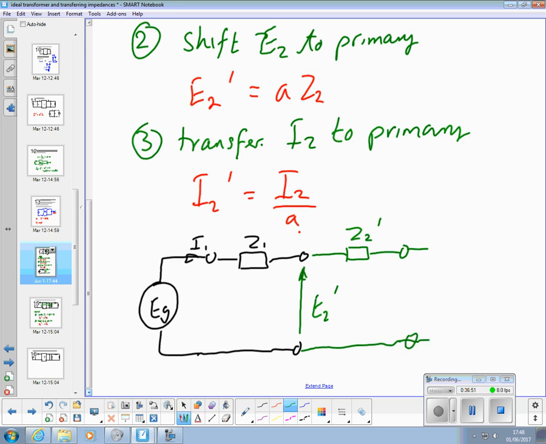And here's our transformer, which we really can leave off, but that's where it is. That's the circuit we've got.